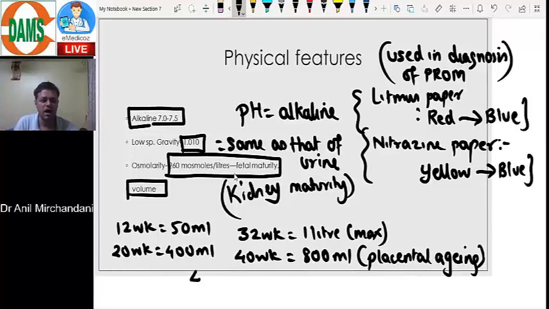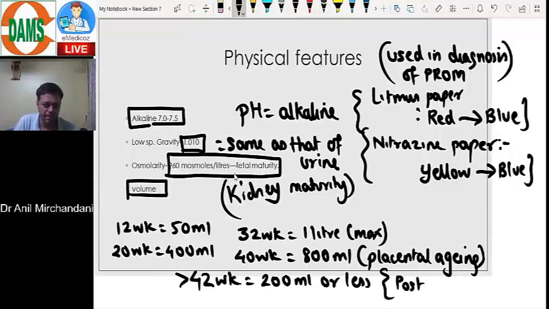What will happen after 42 weeks? It would be 200 ml or less. So post-term pregnancy has oligohydramnios. All right. So these are the physical features.